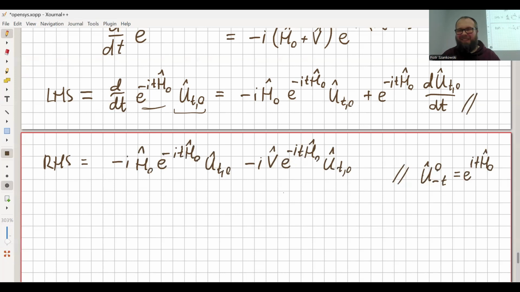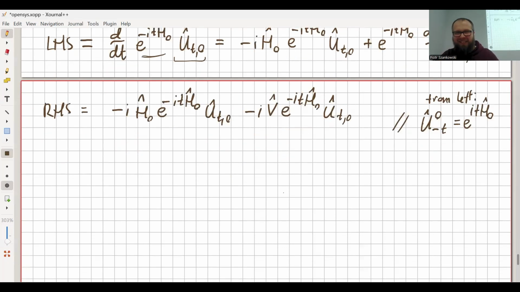So multiply from the left, and equate the left-hand side with the right-hand side. So maybe I should just write it like this: left-hand side equals e to the i t H0 right-hand side.